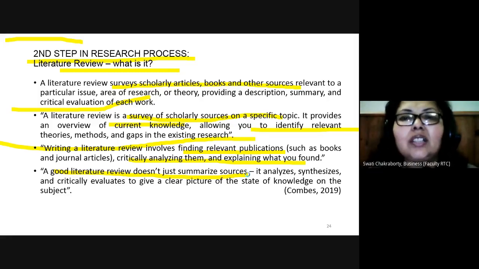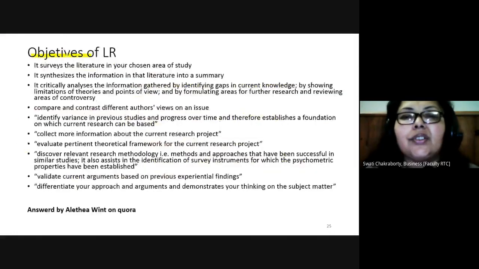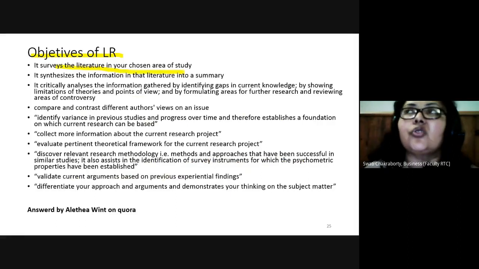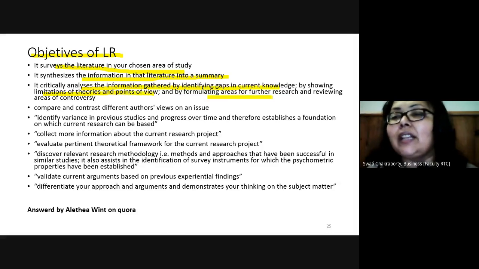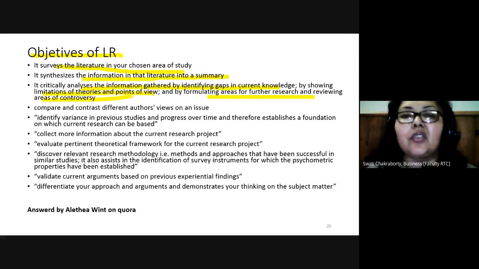So what are the objectives of the literature review? It surveys the literature in your chosen area of study, synthesizes the information in that literature into a summary form, and analyzes critically all the information that is gathered. How? By identifying the gaps in the current knowledge, by showing limitations of the theories and points of view, and also by formulating areas for further research and reviewing the areas of controversy.